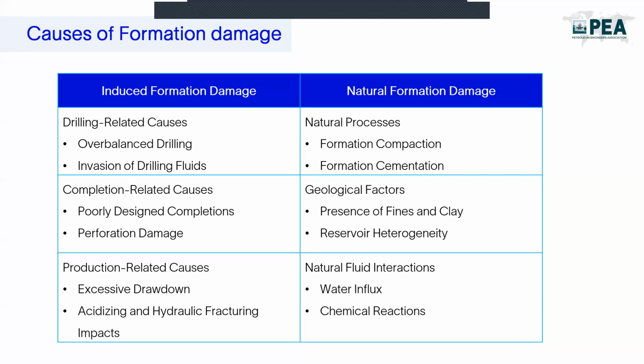There are also chemical reactions, for example, natural chemical interactions between formation fluids and rock minerals that may lead to mineral dissolution or precipitation, which affects the reservoir properties. So this subdivision helps to clarify how different factors contribute to formation damage and provides a more organized view of both human-induced and natural causes.